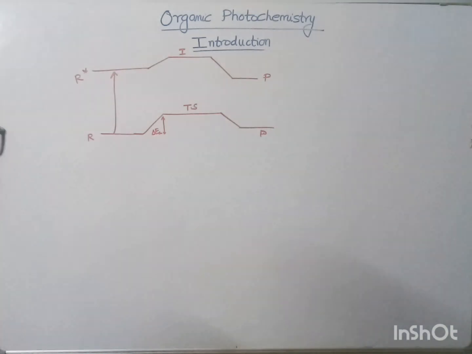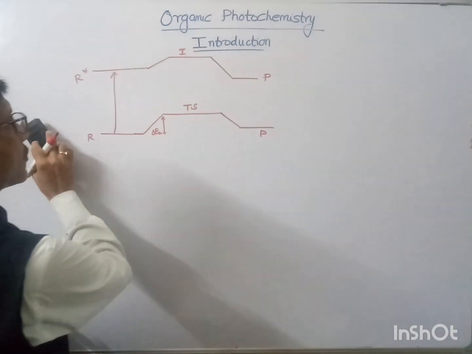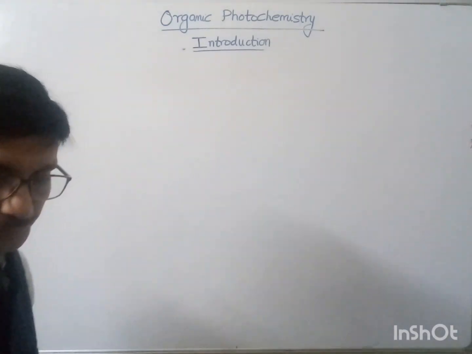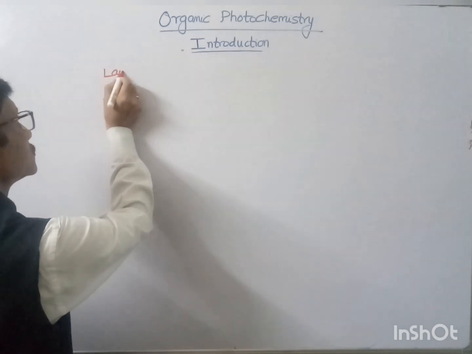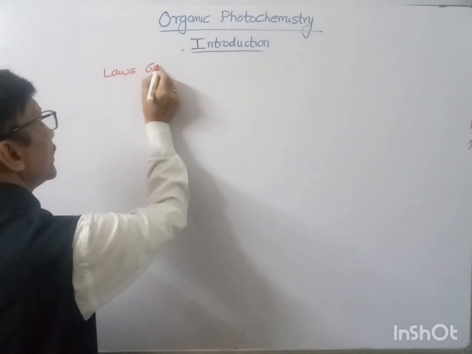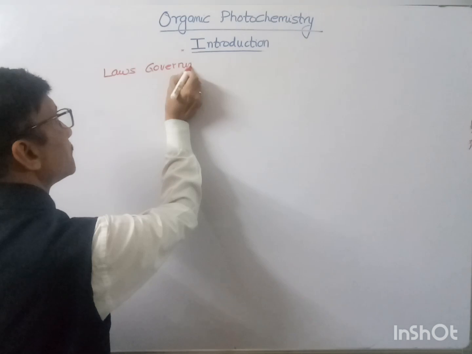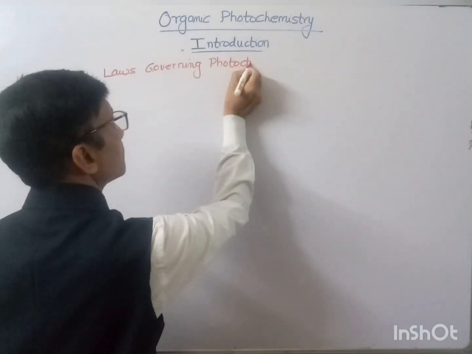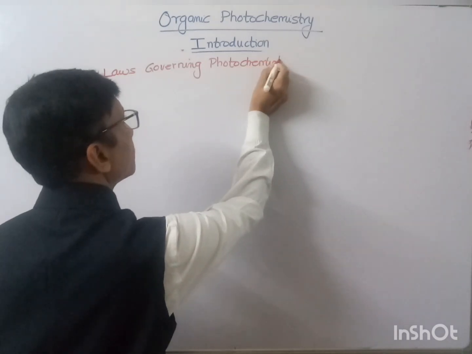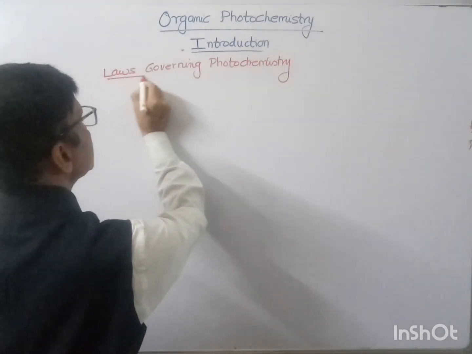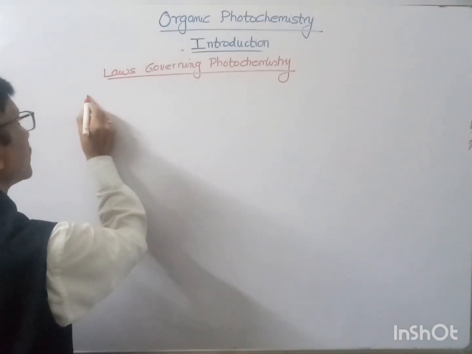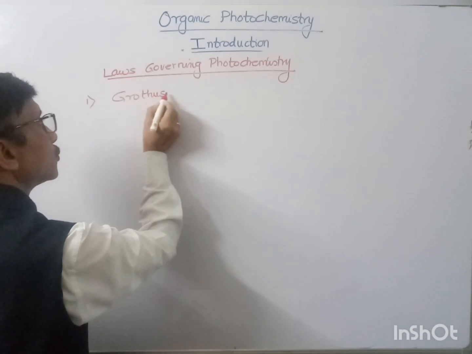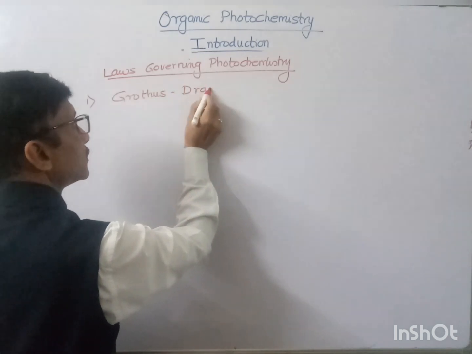Now, what are the laws which govern photochemistry? One of the laws is the Grotthuss-Draper law.